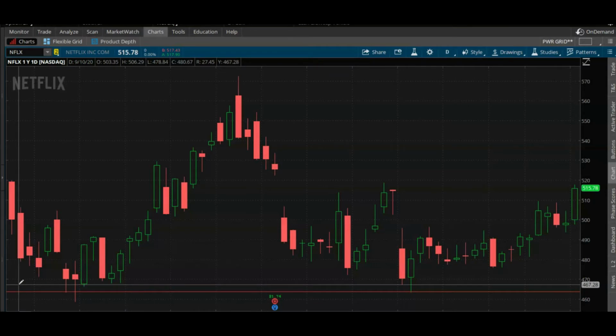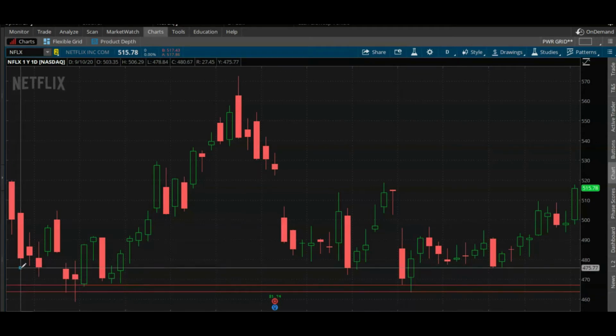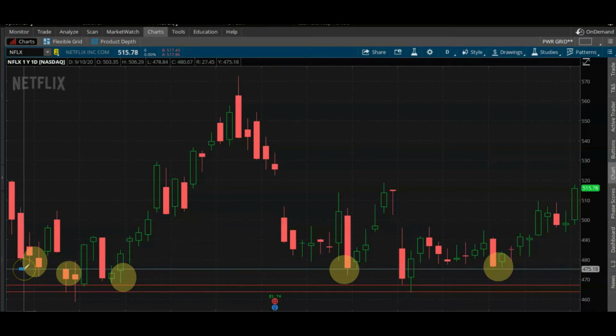Right here, I see about 5 touches. So I'm going to put another level right there. So raising the level bar, this is actually a very good level because I see quite a few touches on this particular price level. So there goes another line.